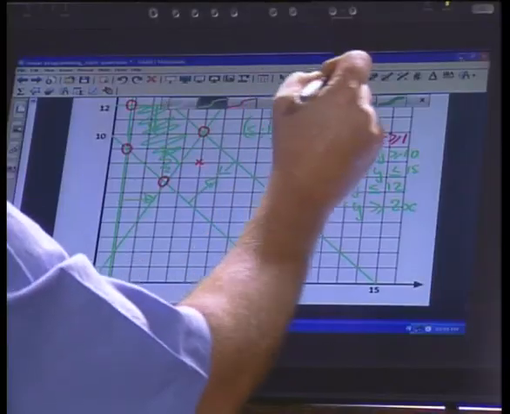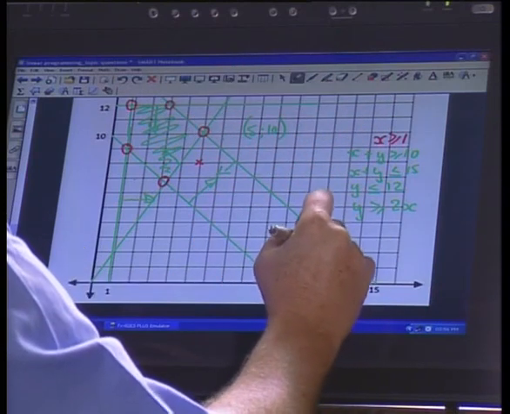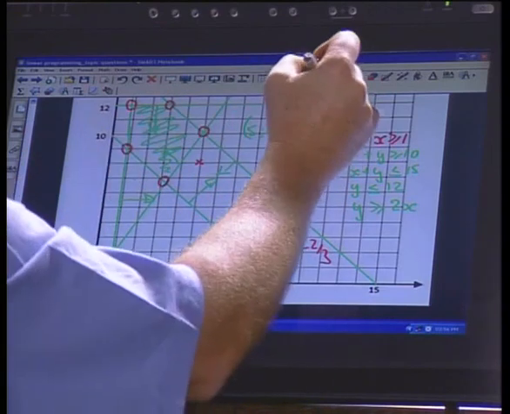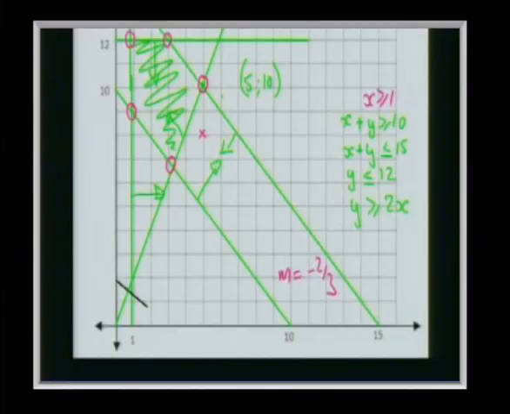Let's go back to the sketch and put it in and see where we land up. Right, negative 2 over 3. That's the search line that I'm going to be using. Now, I'm sure you notice that if I use negative 2 over 3, I'll have a very small search line over there.